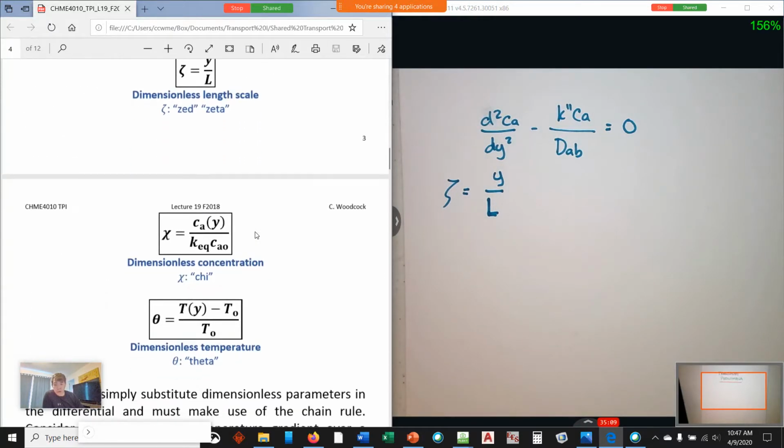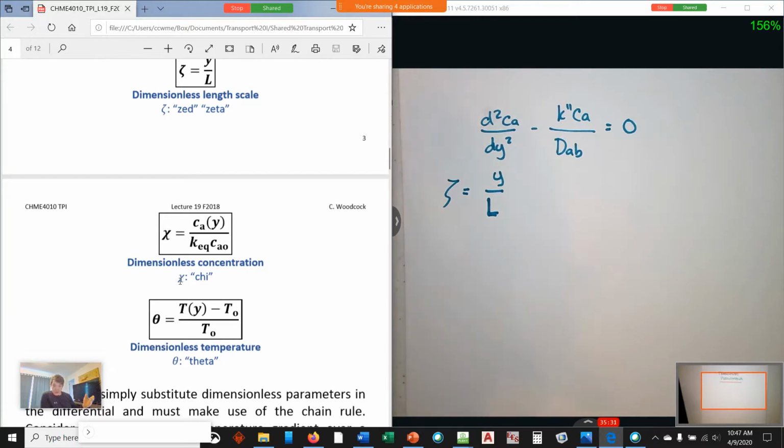We'll also choose, and this is very common to choose, a chi. So I wrote this out. When I write on the chalkboards and things, sometimes it's hard to tell what I'm exactly writing. Is it X? This is a chi. So we'll use chi being the concentration over the original concentration.